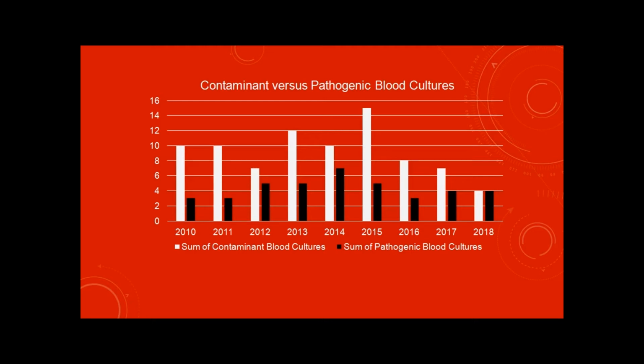It should be drawn in a sterile fashion. Now, we feel that probably the phlebotomists from the lab, they're not drawing it that way. So the good thing is our contaminant rate has gone down, but it's still fairly high. And this has been brought to the lab's attention.